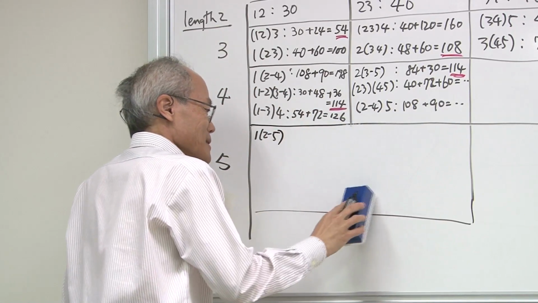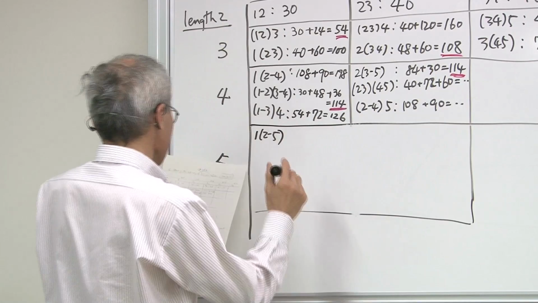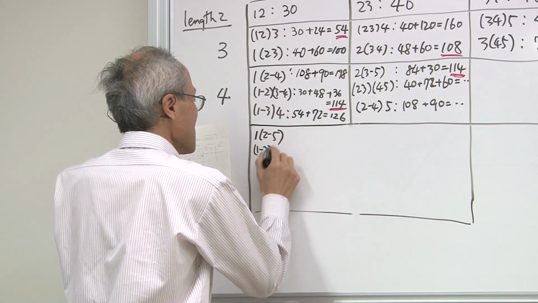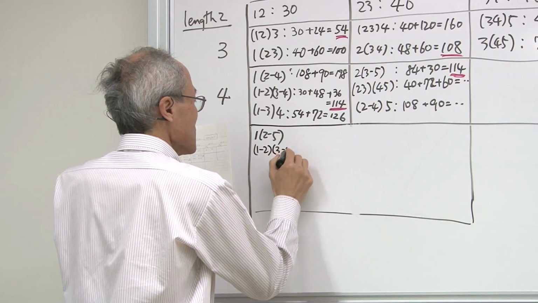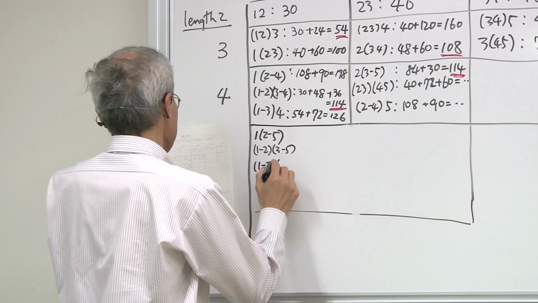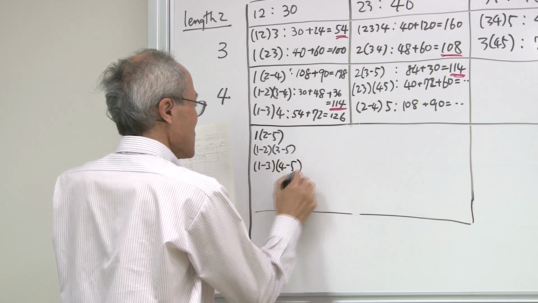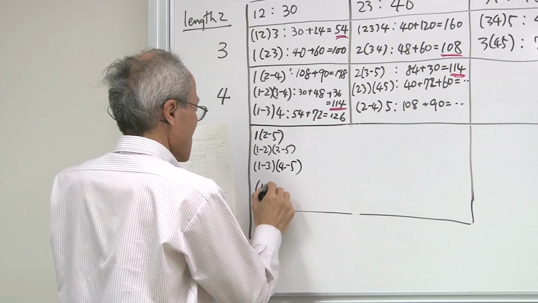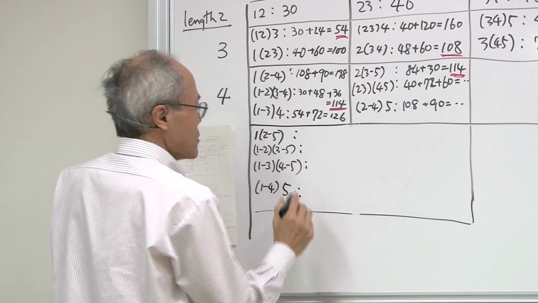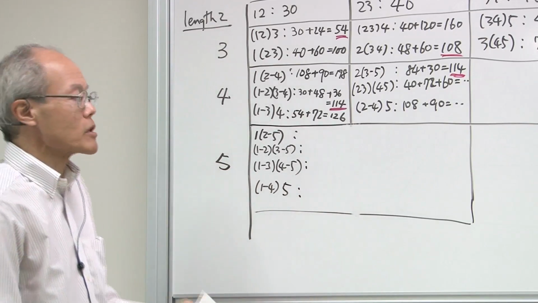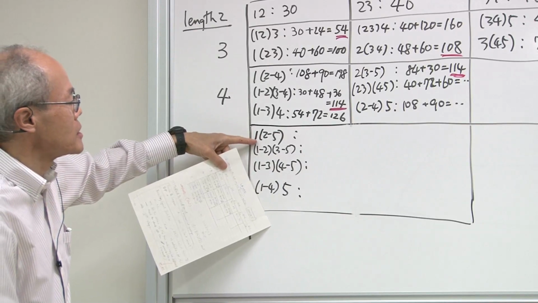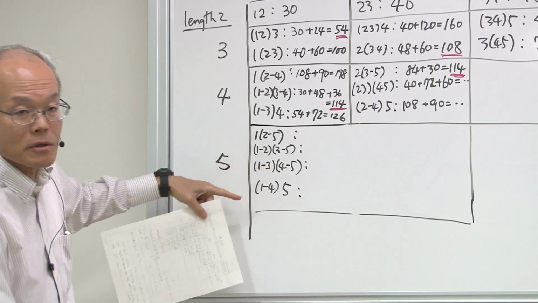So we're going to calculate the total amount of operations for multiplying this order, this order, this order, and this order.